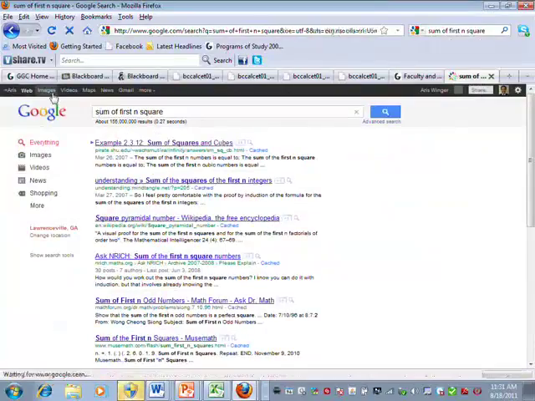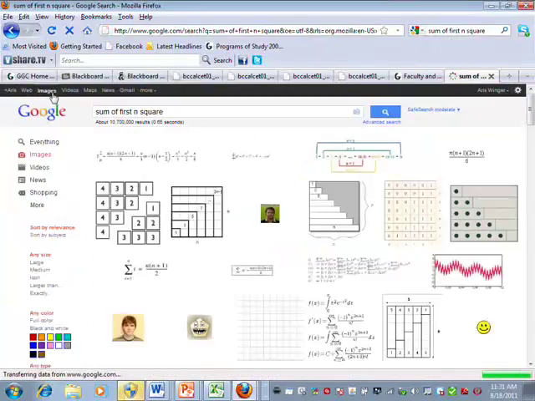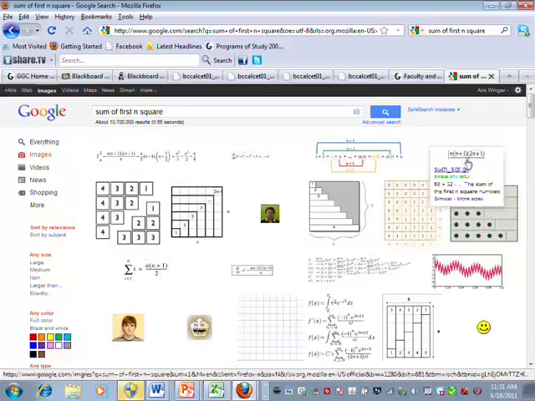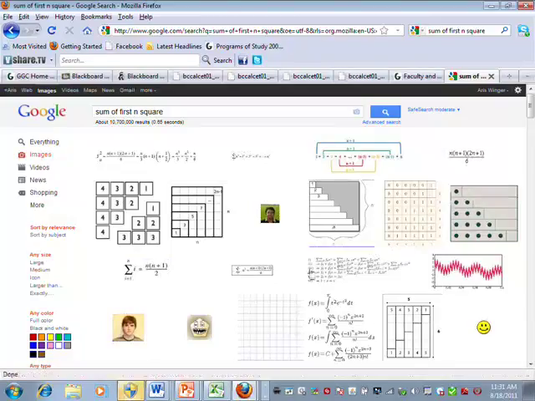I actually want to see an image. What is it? I don't know why his face is there. That's funny. Oh, it seems like that's it. n times n plus 1 times 2n plus 1 over 6. All right, so let's see if that's it.